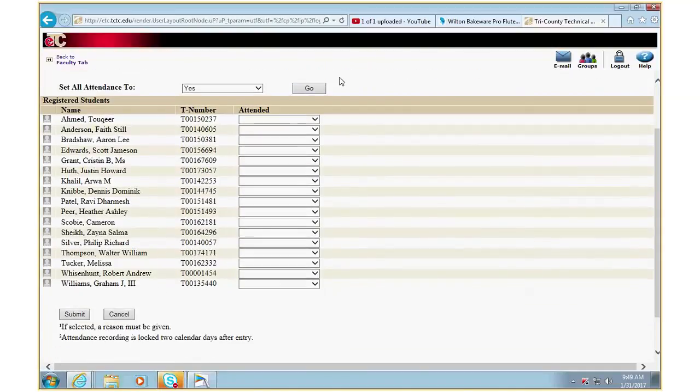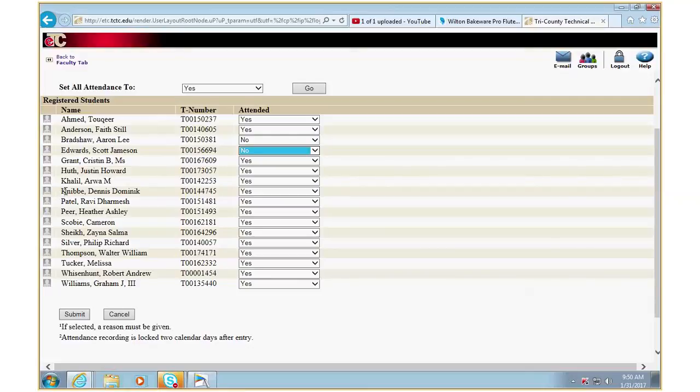Please put your name on the bridge that you designed so I will not go over it. Okay. Ahmed was here. Anderson is here. Bradshaw. Edwards. Grant is here. Hutt is here. Khalil is here.